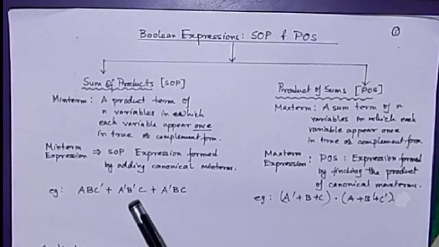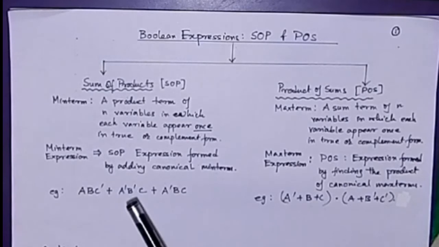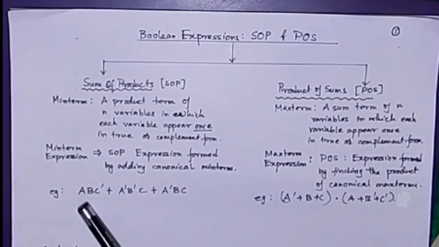I have taken an example over here. It's given a b c dashed plus a dashed b dashed c plus a dashed b c. Now in this entire expression you can see it contains three terms, and each of those terms contains three variables a, b and c, and there is no other fourth variable anywhere appearing in the expression.